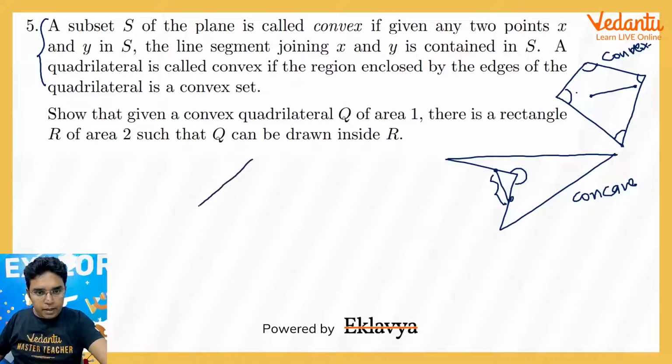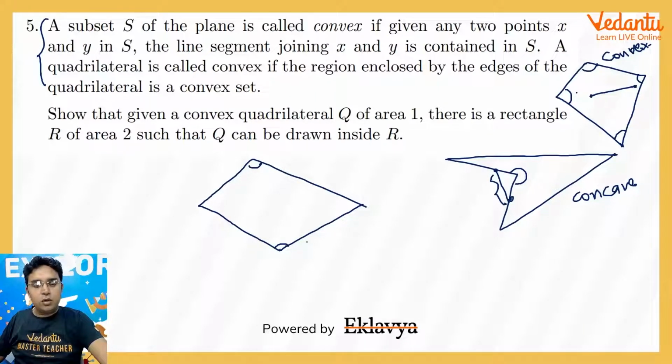So I'm making one quadrilateral, something like this, and you can see one of the angles is greater than 90. Maybe I can ignore that; you can think of it as acute only. Actually, my purpose here is that I will be drawing a diagonal like this. Let me call this quadrilateral ABCD.